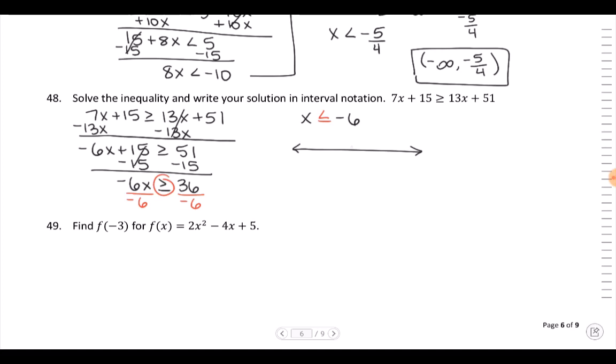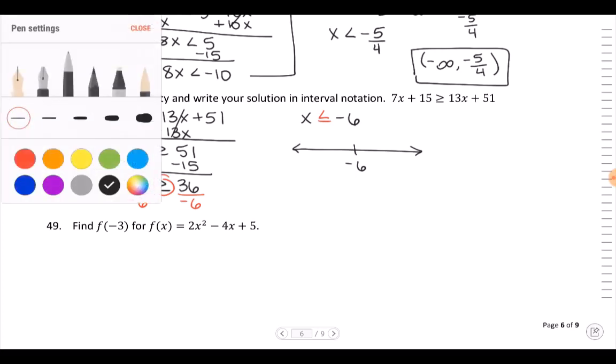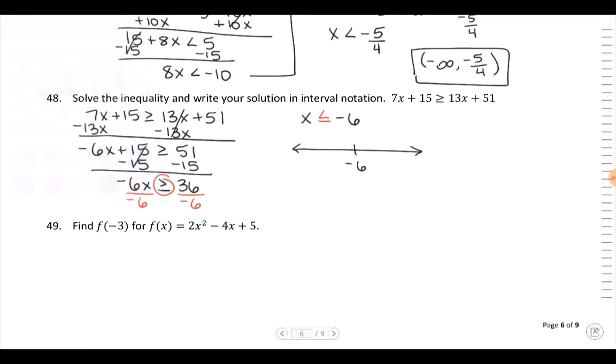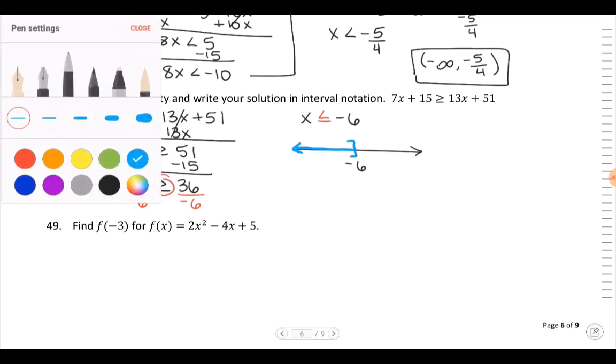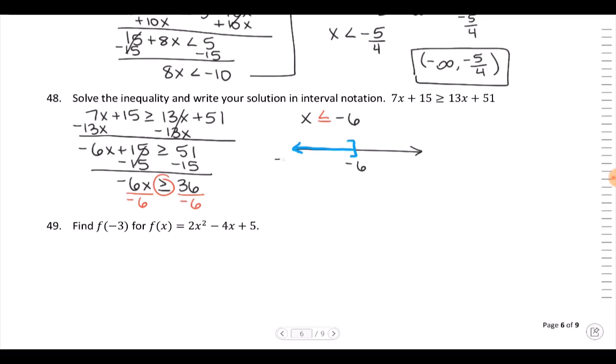So, anyways, let's put our negative 6 here on the number line. Now it says less than or equal to. So less than means I am shading which direction? Well, I'm shading to the left again. And as I come up here to my negative 6, because I have less than or equal to, that means I'm going to put a bracket here to include that value of negative 6.